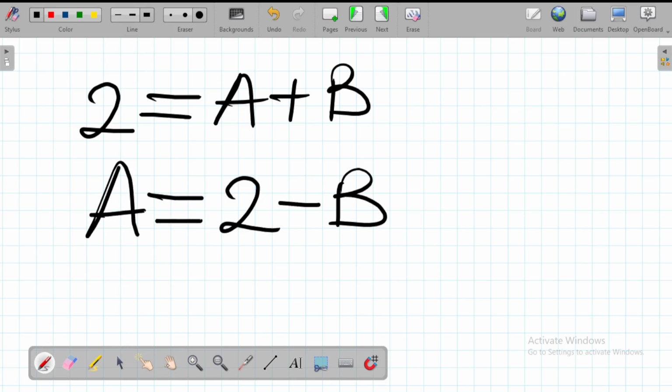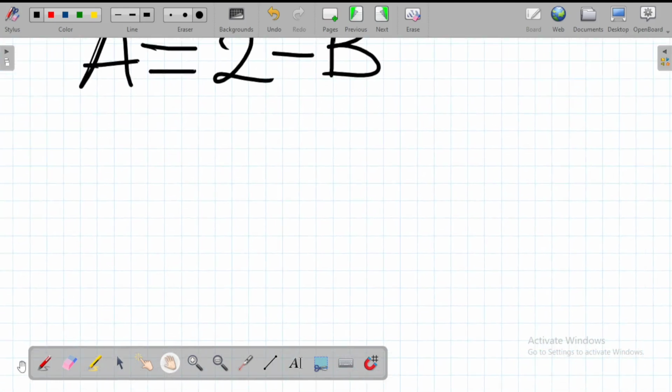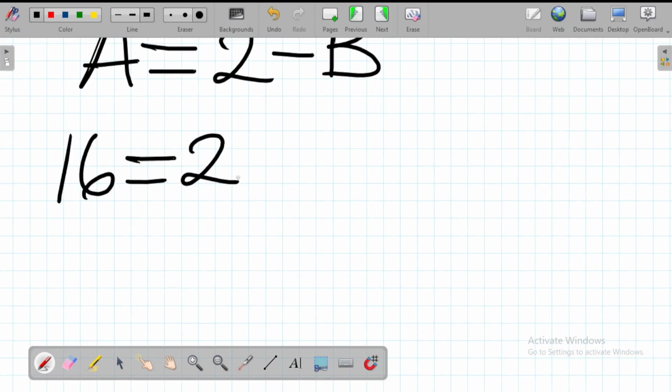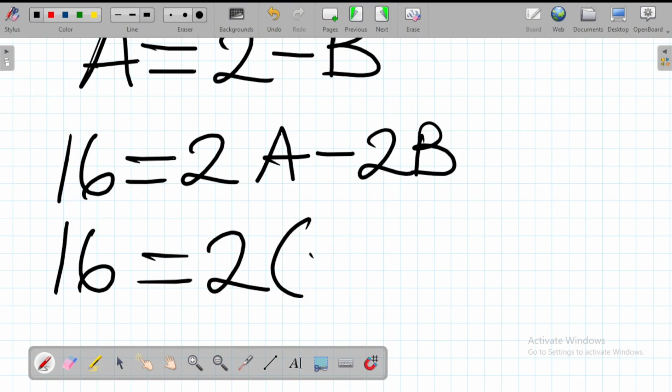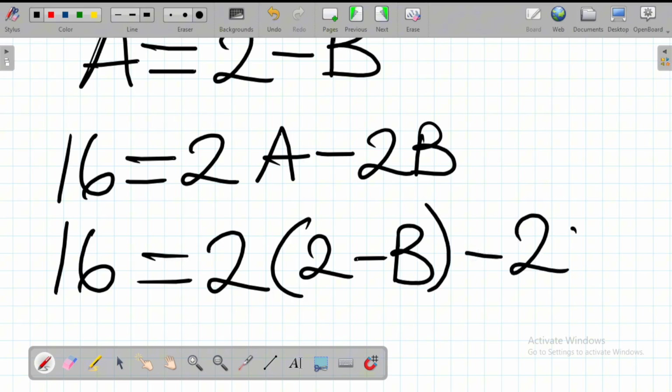Now let's substitute the value of a into equation 3. Equation 3 is 16 is equal to 2a minus 2b. So if we substitute the value of a, we will have 16 is equal to 2 multiplied by 2 minus b, and then minus 2b.